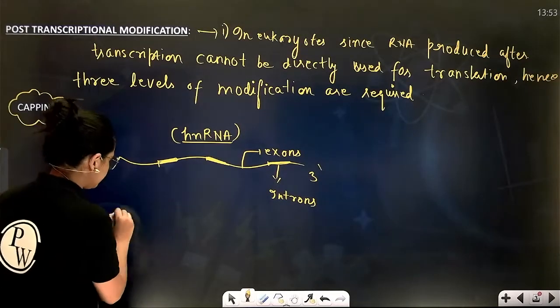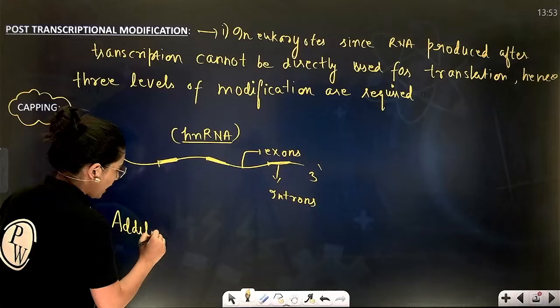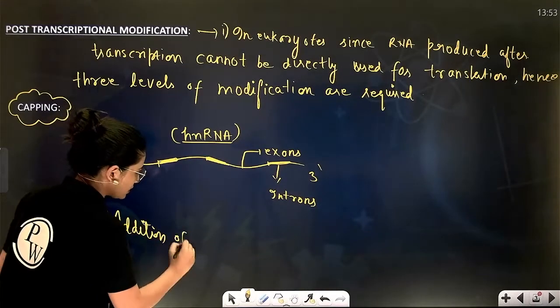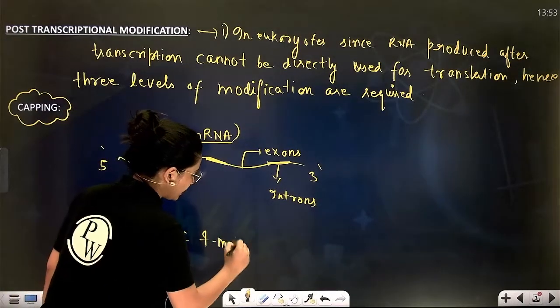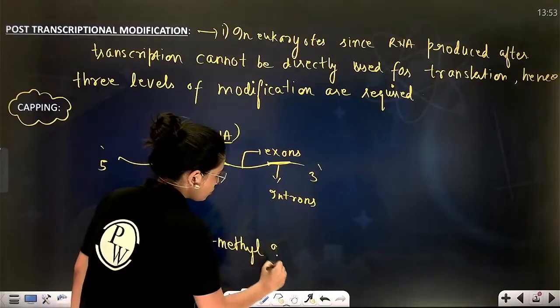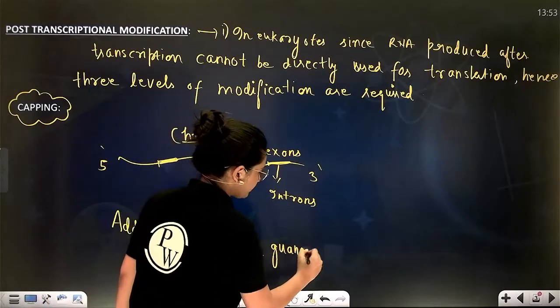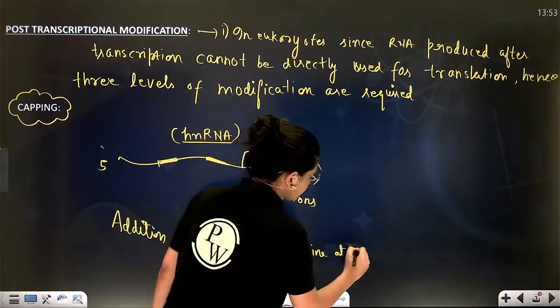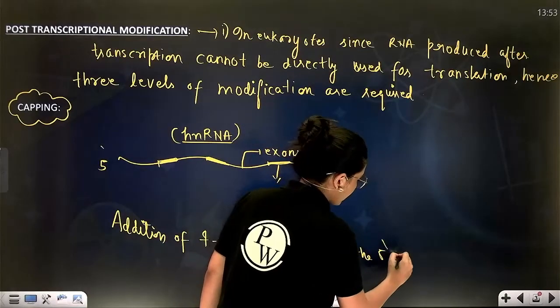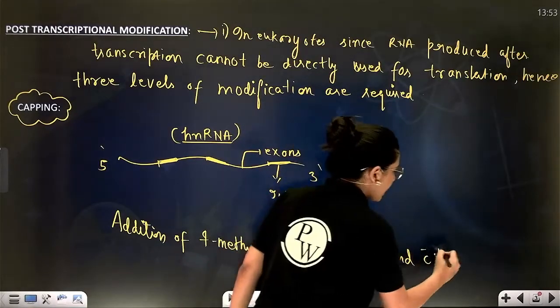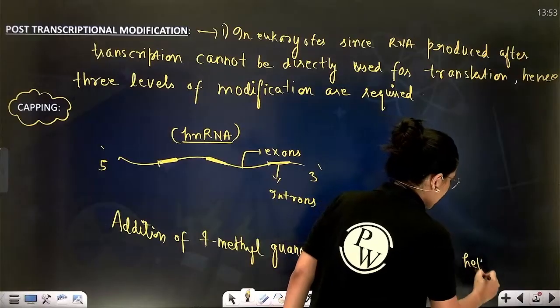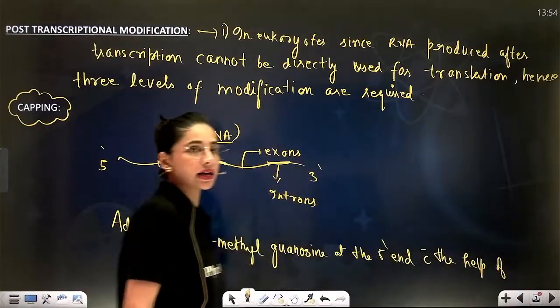Capping means addition of 7-methyl guanosine at the 5' end with the help of the enzyme guanyl transferase.